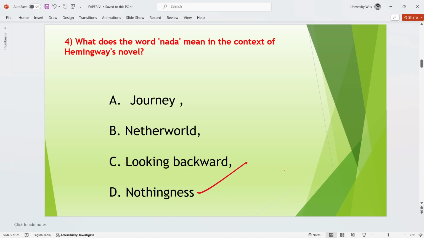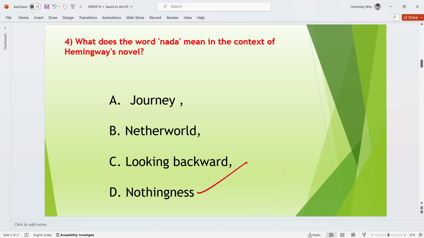Okay, and the remaining three options are not related because they don't accurately reflect the meaning of nada in the story. Netherworld, journey or looking backward, if you see. That specifically refers to the feeling of purposelessness, which they grapple with.